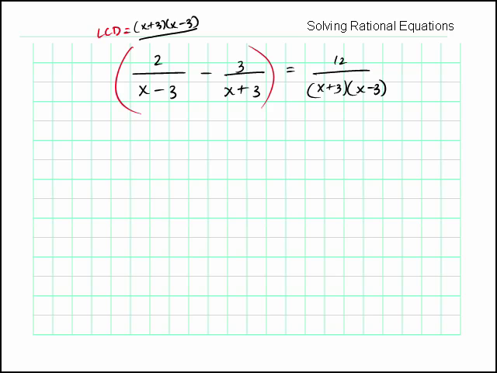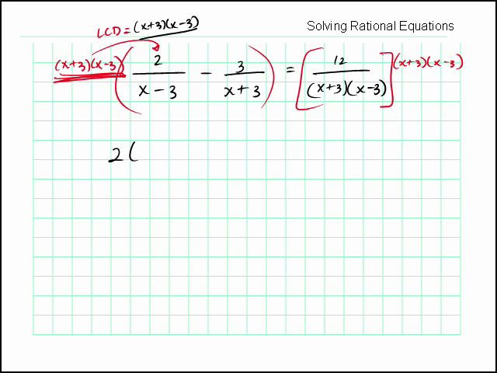This whole side times x plus 3, x minus 3, and this entire side times x plus 3, x minus 3. So this should get rid of all the fractions for us. Now this times this, the x minus 3's are gone, and that leaves me with a 2 times x plus 3.